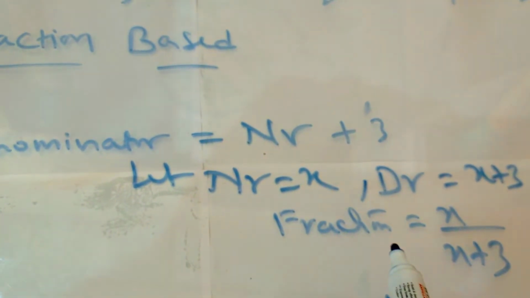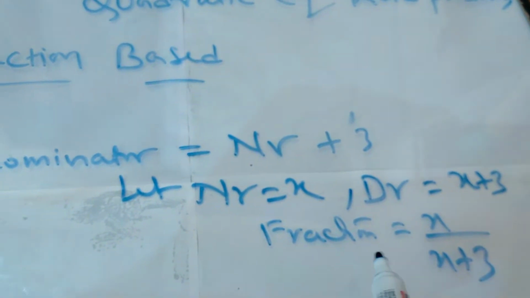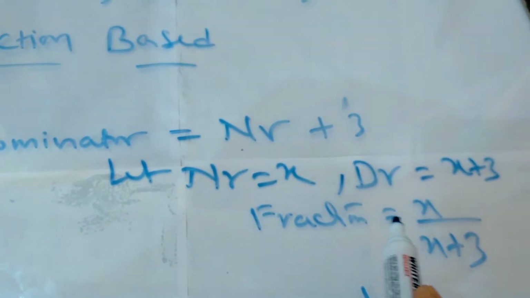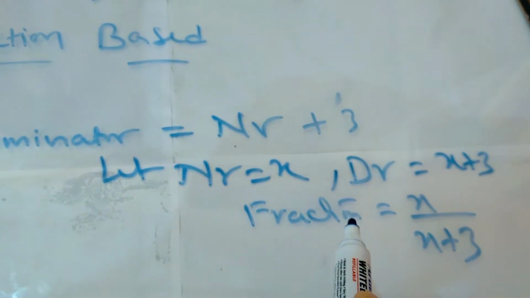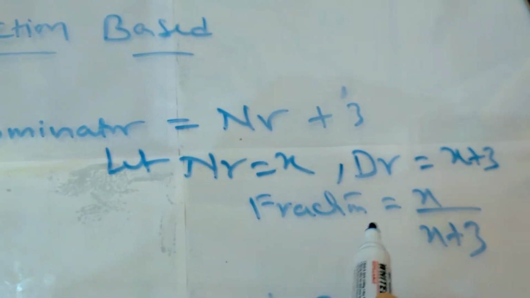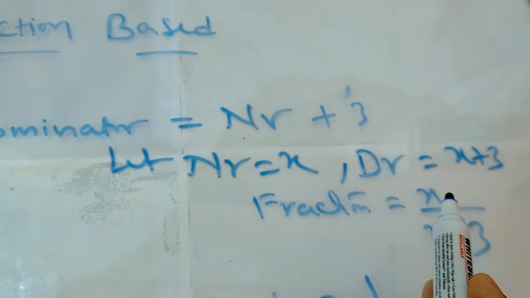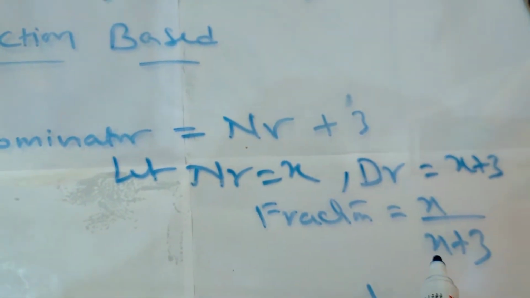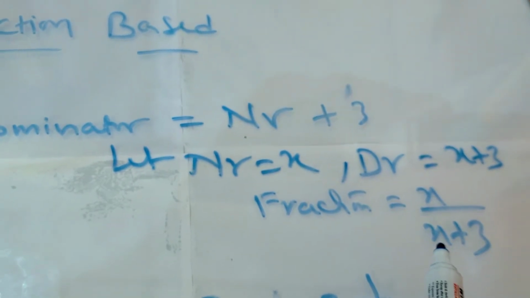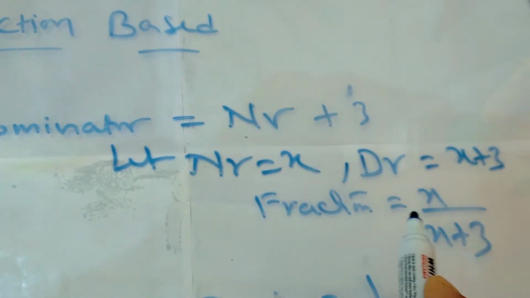Now the fraction is ready in terms of one variable. He has given a condition: if we subtract 1 from the numerator and 1 from the denominator, then the new fraction will decrease.